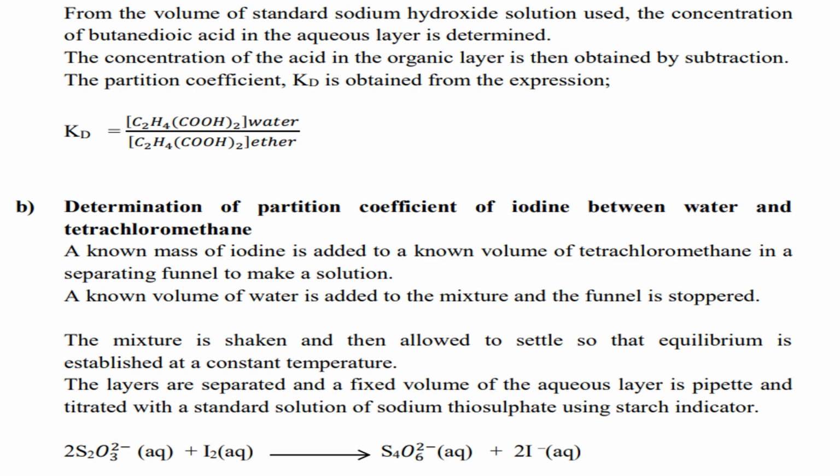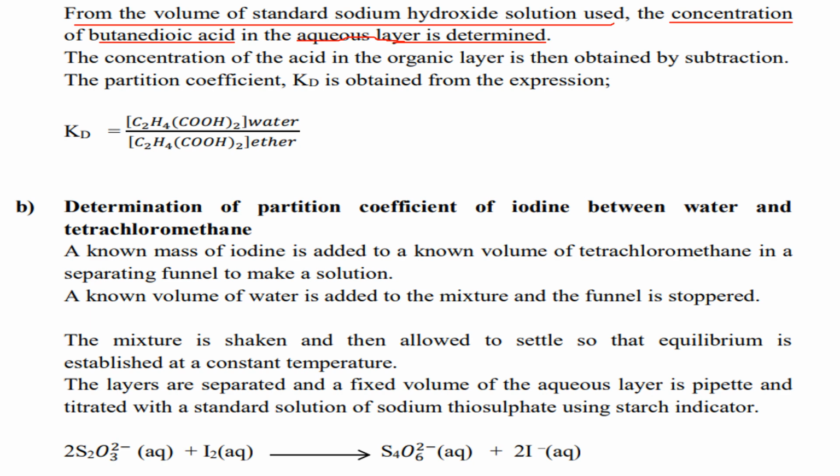Now we are saying that from the volume of the standard sodium hydroxide that we use for titration, the concentration of our solute, which is butanoic acid, is going to be determined. But remember, it is going to be determined in the aqueous layer, because that's where we pipetted our known volume of the solution.